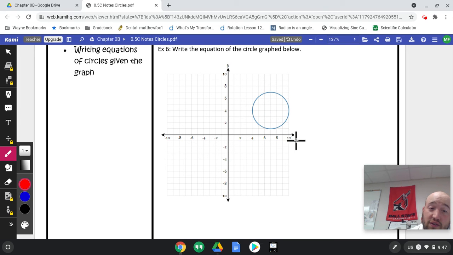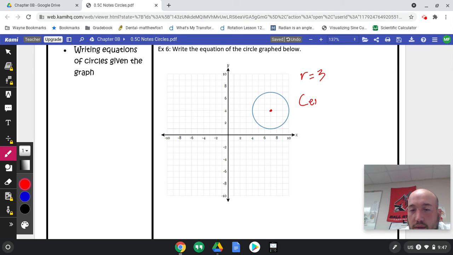Here we are given the circle, the graph, and we want to write the equation. The first thing we need to establish is what is the center and what is the radius. The center you can probably find, but just to double check, we'll count: is it the same distance from each side? 1, 2, 3, 1, 2, 3, 1, 2, 3, 1, 2, 3. So yeah, we're good. That also tells us the radius is 3.